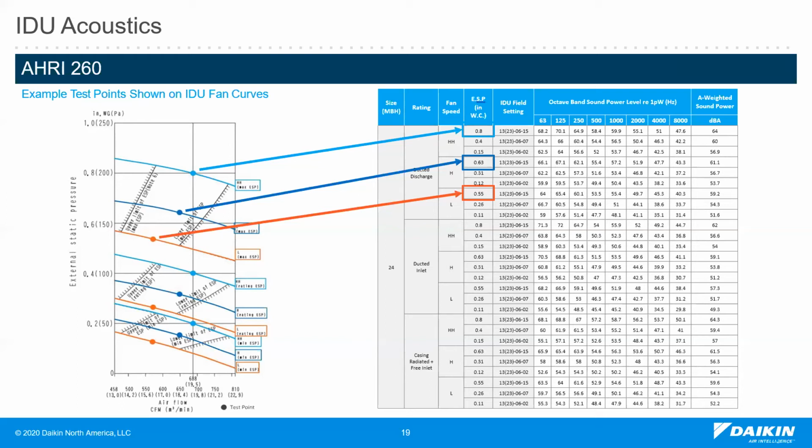And for each fan speed, here we are showing high, which is HH, high and L fan speeds, and respective ESPs. The sound power level data and A-weighted sound power are listed to the right side of the table. Note that the external static pressure and the fan curves can be used to determine the approximate airflow rate for any particular test point.